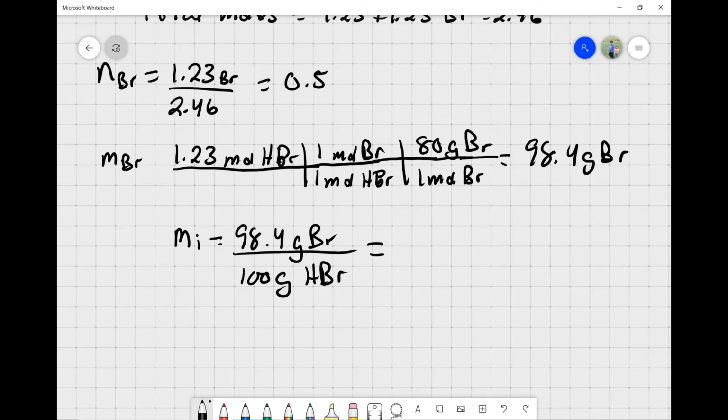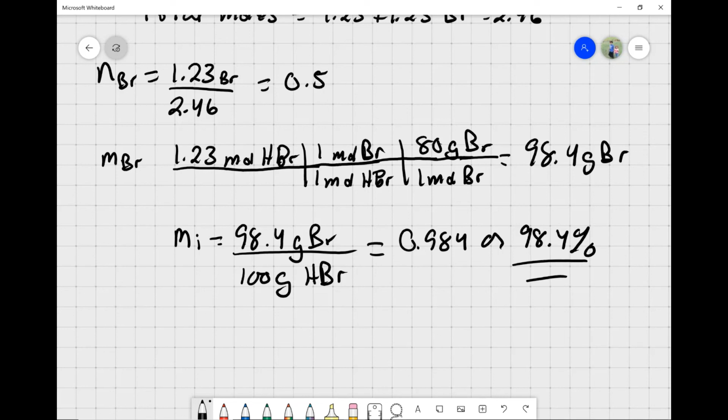So our X of bromine is 98.4 divided by 100, which is 0.984, or 98.4 percent. So does this make sense?